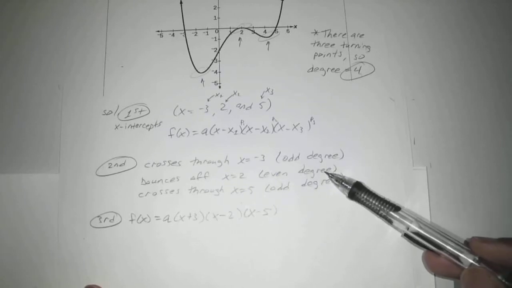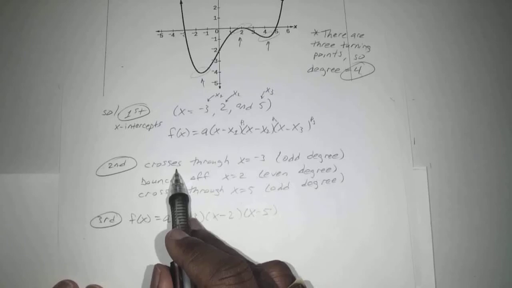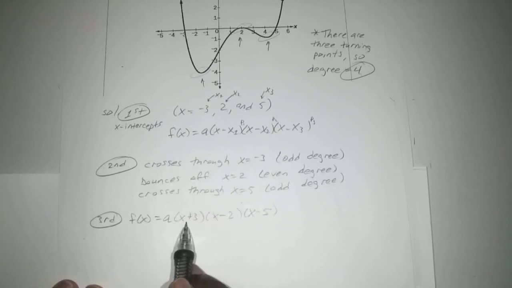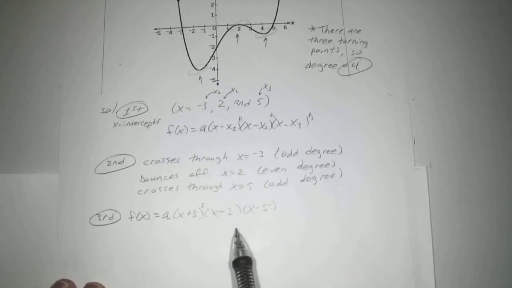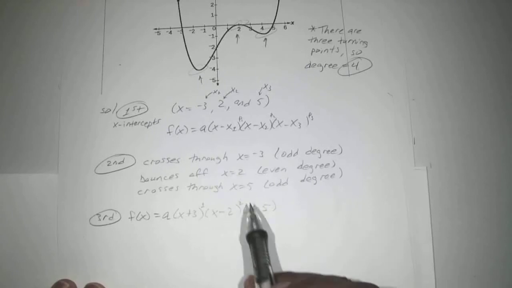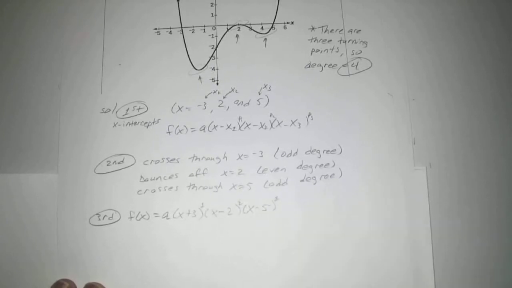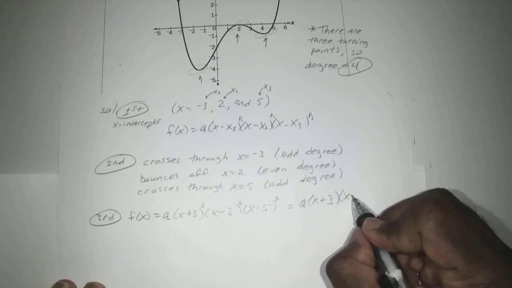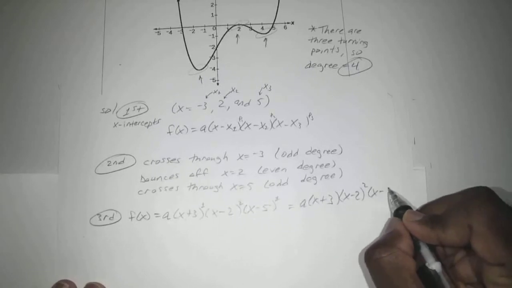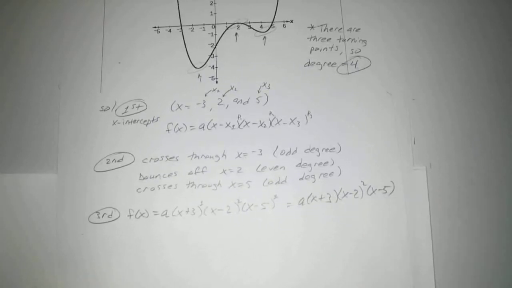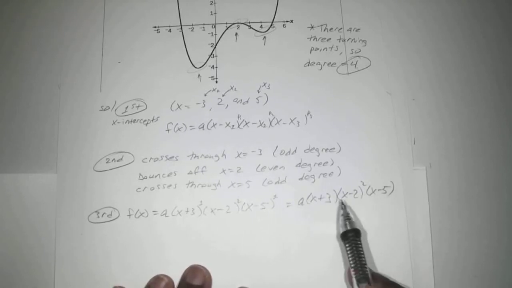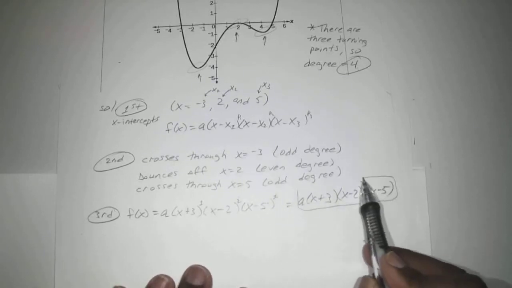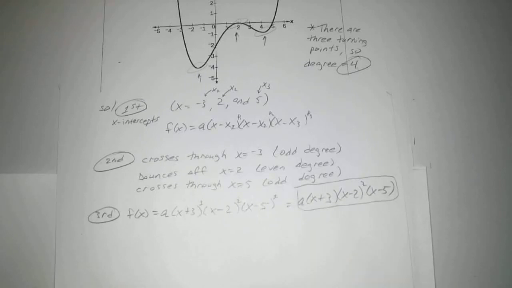Yep, so we can make this 2, this 1, and this 1. At x equals negative 3, that's going to be 1. At x equals 2, that one's going to be squared. And at x equals 5, that one's 1. So really that's just a times x plus 3 times x minus 2 squared times x minus 5. Okay, so you see here we have our 1, 1, 2, our degree 4. So we have a big chunk of our formula, but now we have to do step 4, which is solve for a.